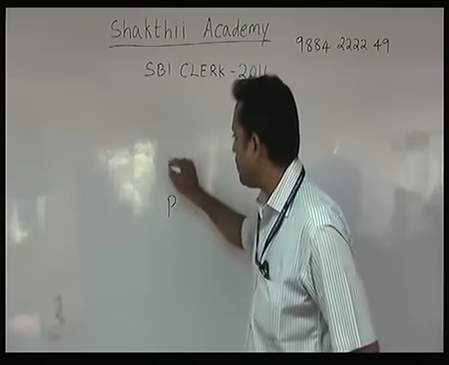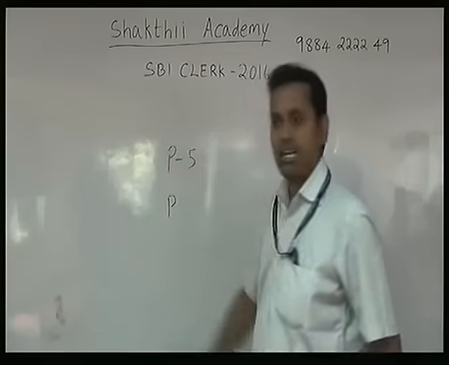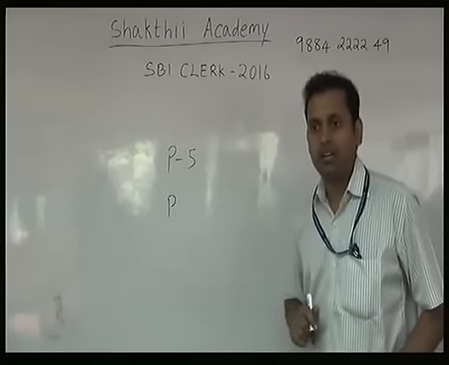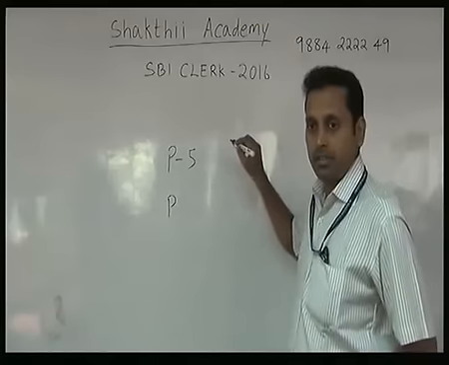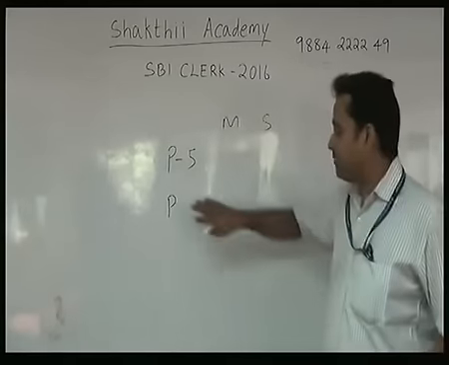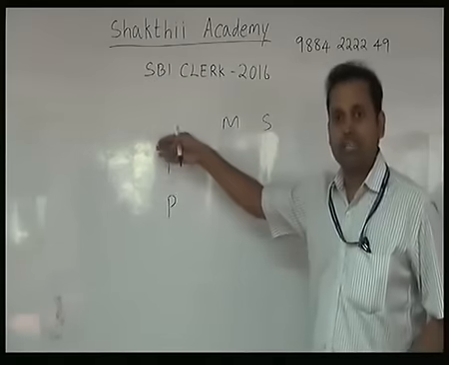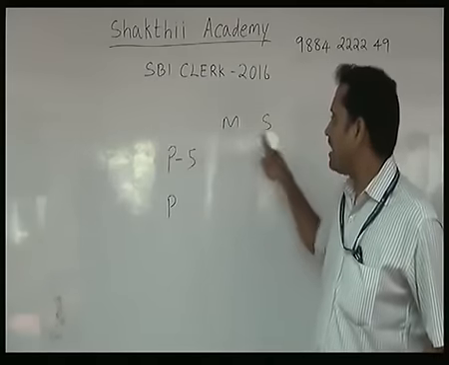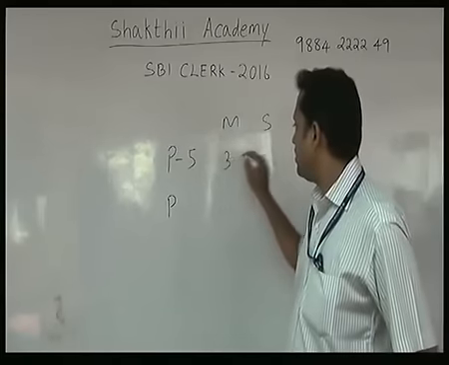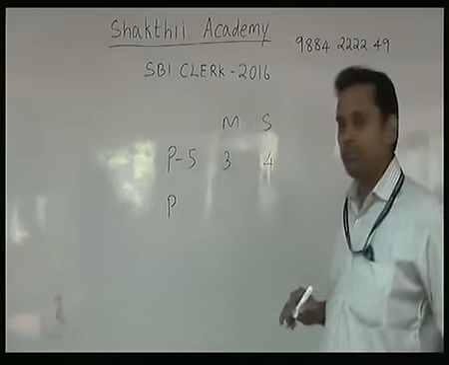Before means you need to understand present minus 5. The ratio is given for how many people? 2 people, Meena and Sita. So 5 years ago, the ratio of Meena and Sita is 3:4.